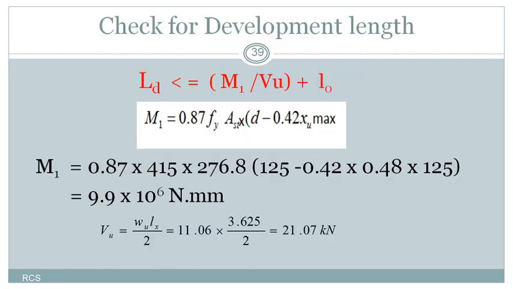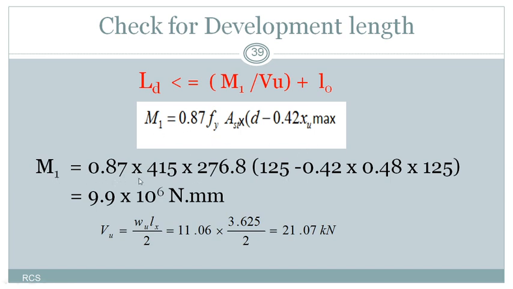Next, we have to check the development length LD, that is M1 by VU plus L0, and here M1 can be calculated with respect to this formula, that is maximum moment of resistance 0.87 Fy AST into d minus 0.42 XU max. So we are calculating the moment of resistance with respect to the maximum depth of neutral axis, so I can call it the maximum moment of resistance.